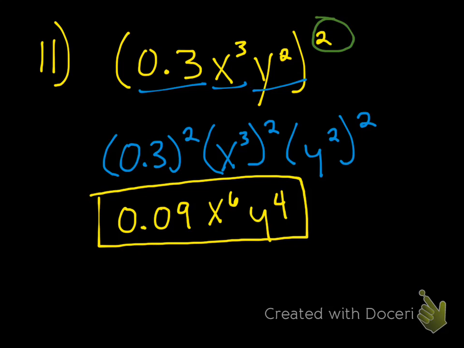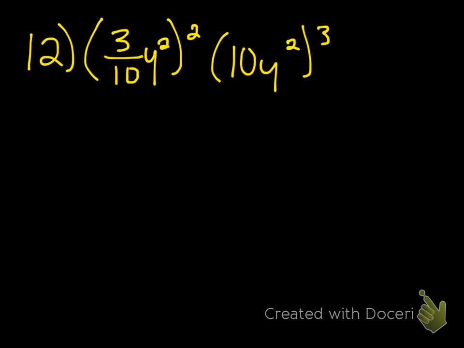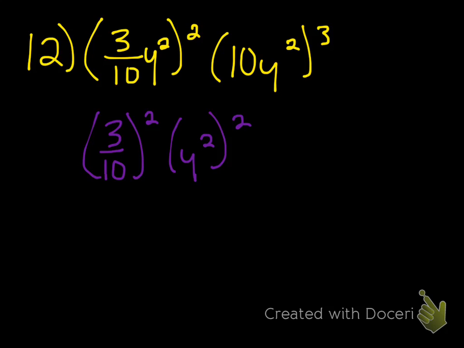All right, here we come to one that looks a little hairy because of the fractions. All right, so again, that squared on the outside tells you to square everything inside the parentheses. So that's 3 to the 10th power, the whole thing squared, and y squared squared.